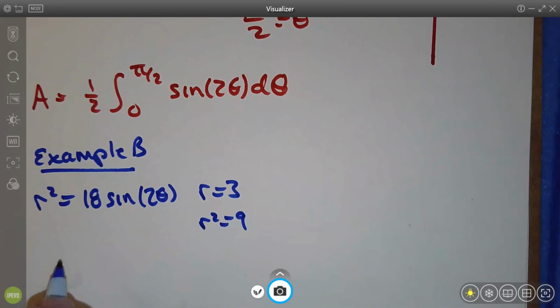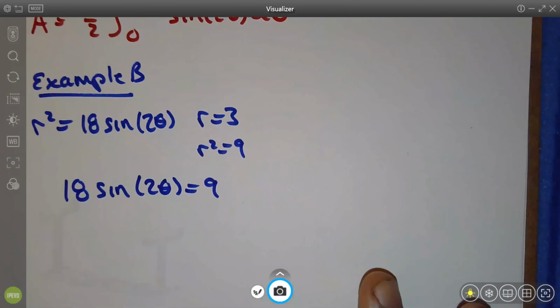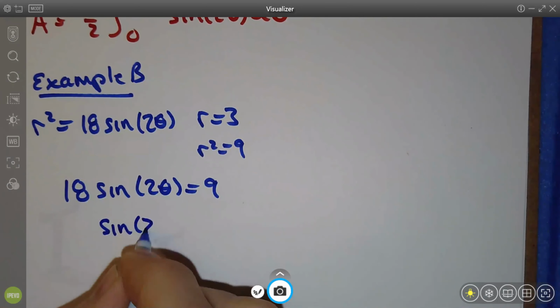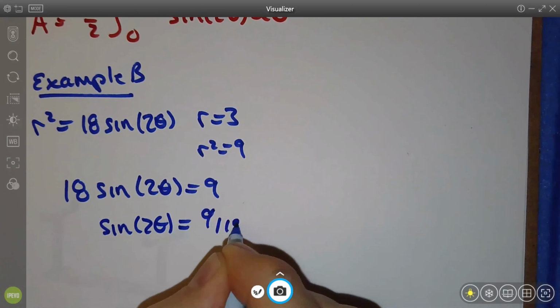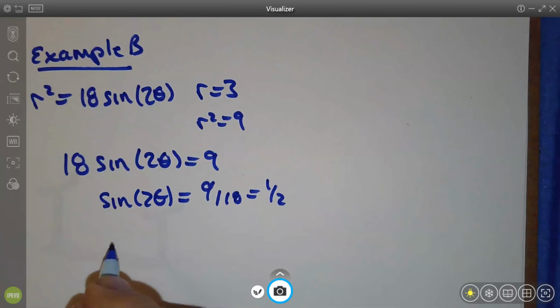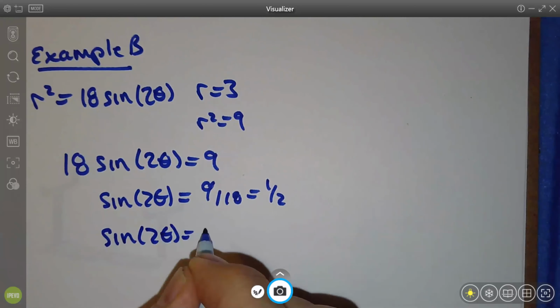So let's set them equal to each other and solve. 18 sine of 2 theta equals 9. Divide both sides by 18. So that gives me 9 over 18, which of course is 1/2. So sine of 2 theta equals 1/2.